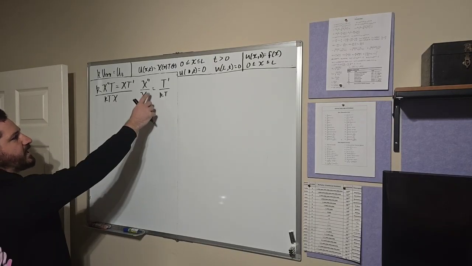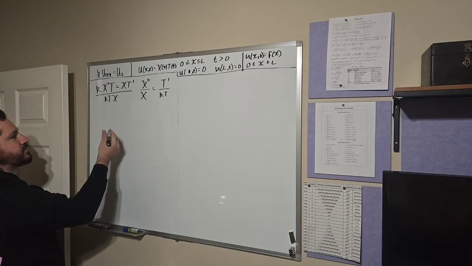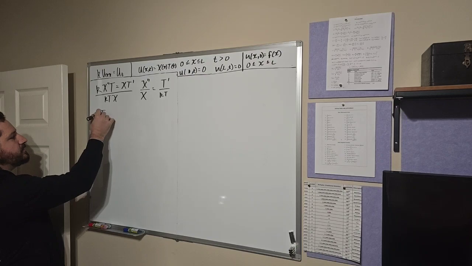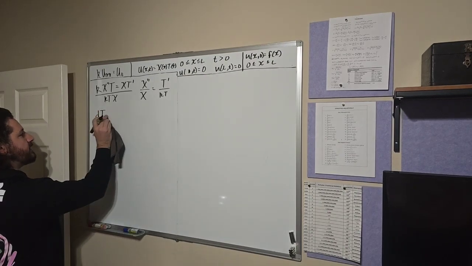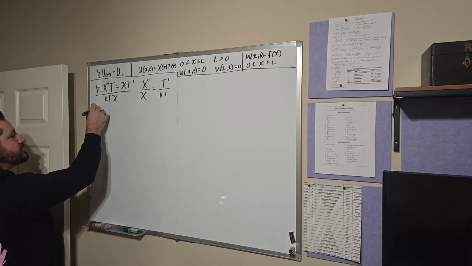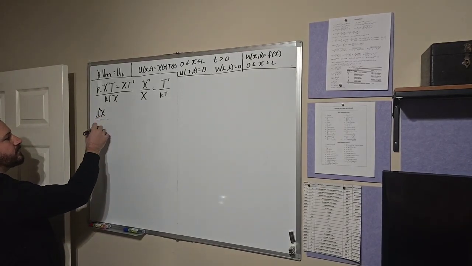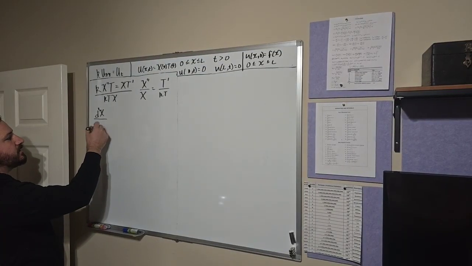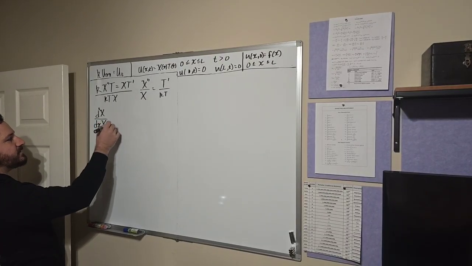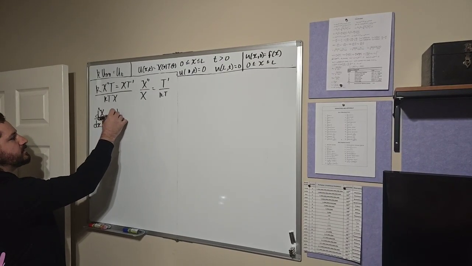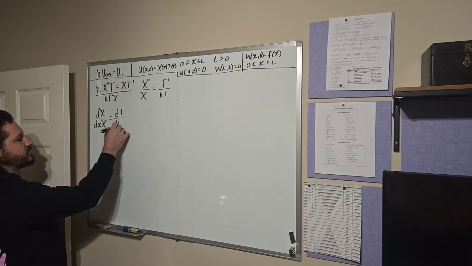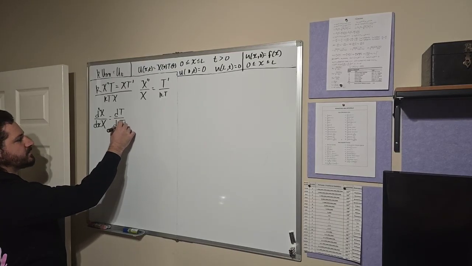So now we're going to switch back from this prime notation to Leibniz notation just to make it a little bit more clear what we're doing. So we have d capital X, second order, over d little x, and then it's still multiplied by the big X, and that's equal to d of capital T over d of little t of capital T times k.